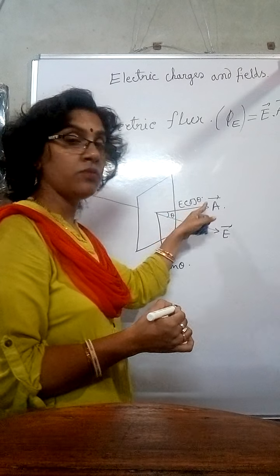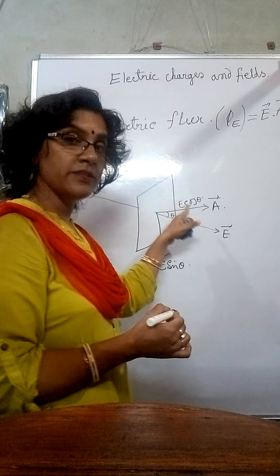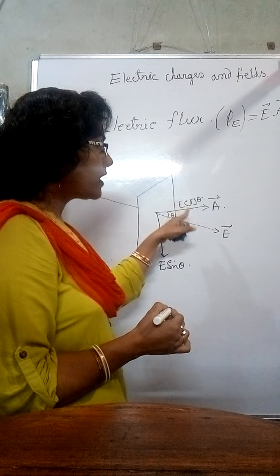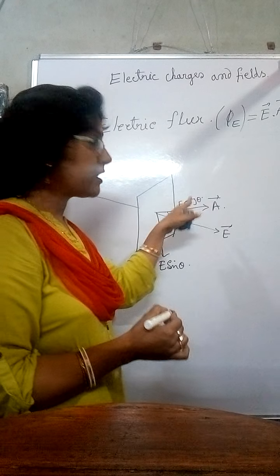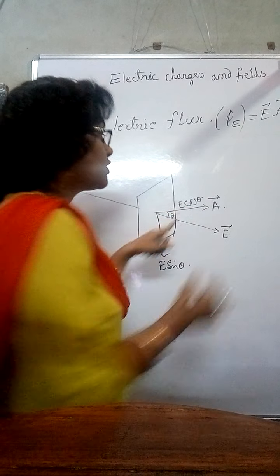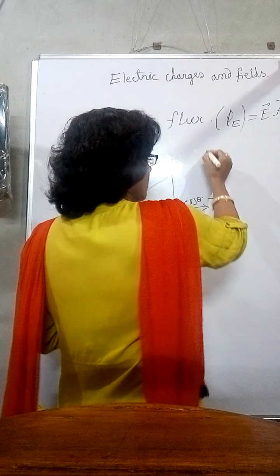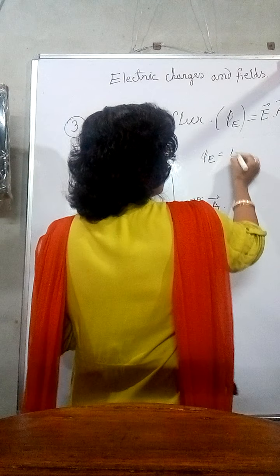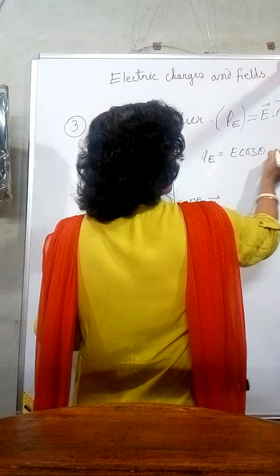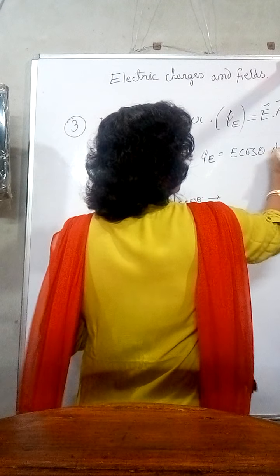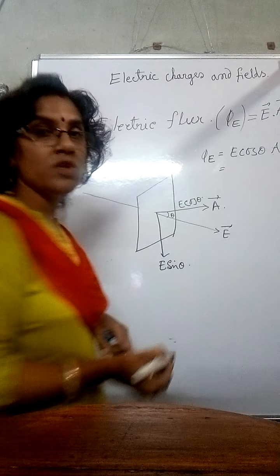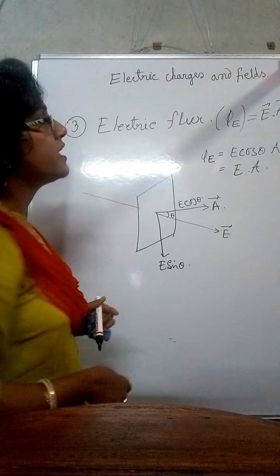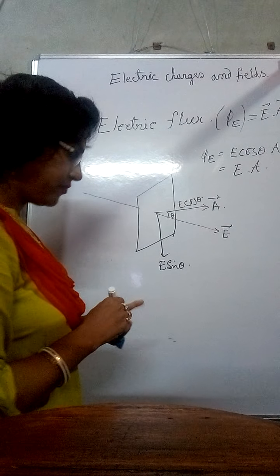That is, E cos theta will be responsible for the electric lines of force. For that reason, we have to take E cos theta as the component. So the electric flux is equal to E cos theta into A. So there is cos theta, that is, it will be the dot product. For that reason, the expression for electric flux is E dot A. Is that clear?